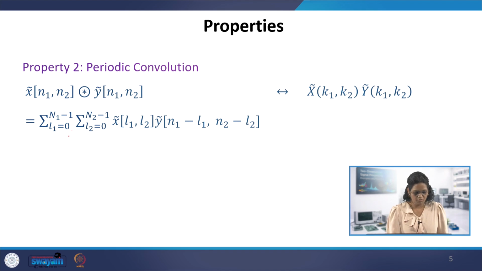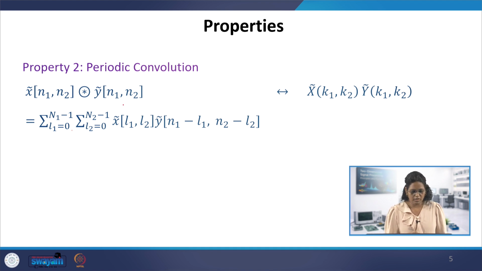This summation varies only for a particular period, that is N1 and N2, so 0 to N1 minus 1 and 0 to N2 minus 1. It is not varied for all the length of the sequence, only for the periodicity of the sequence.